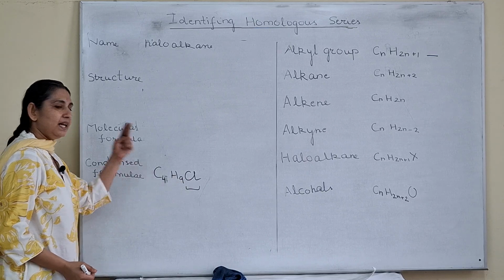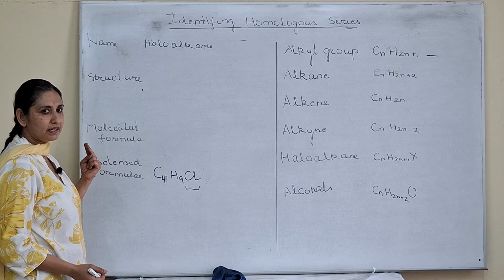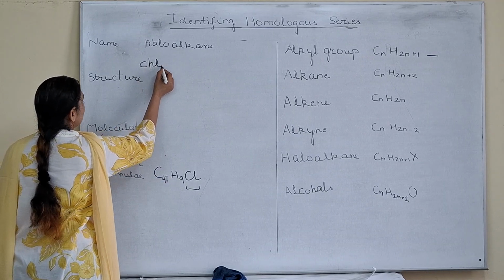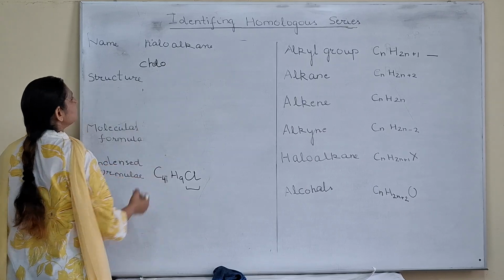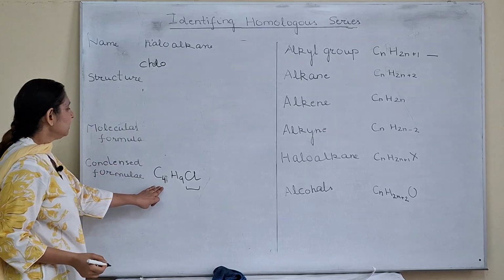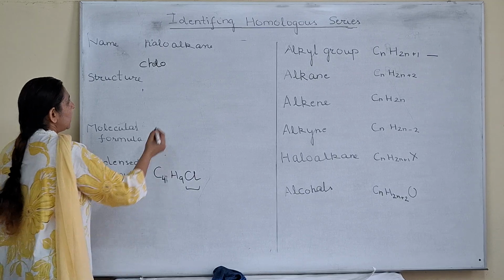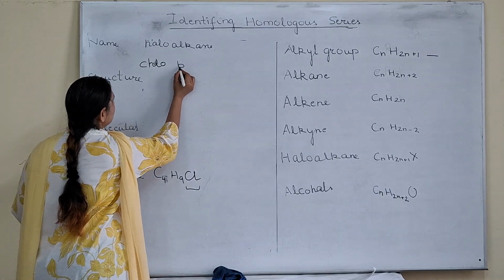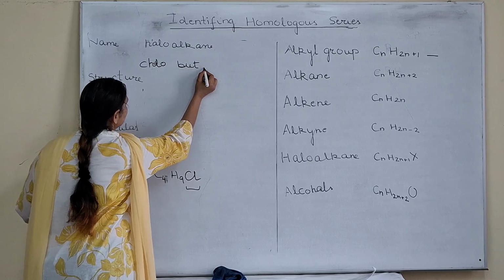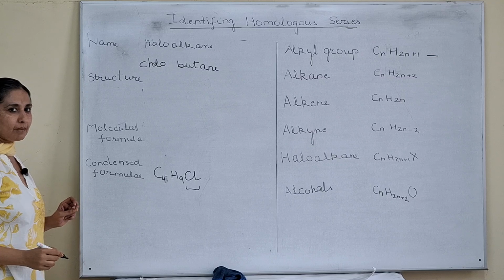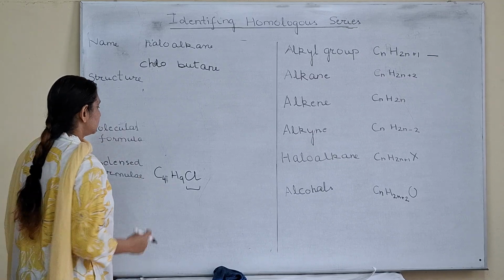नाम के लिए पहले हेलोएल्केन का नाम लिखते हैं, सो इट विल बिकम chloro, and now how many carbon atoms are there? So chlorobutane. 4 stands for but. Now let's draw a structure.